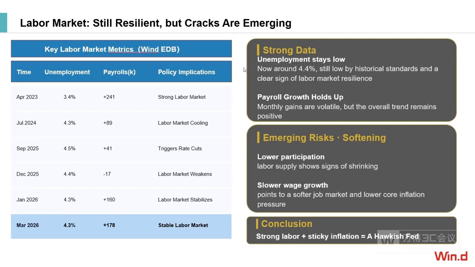Yet this change also carries a double-edged sword effect. It helps alleviate core inflationary pressures, thereby creating room for a potential policy pivot. Taking into account the current fundamentals of the labor market, we can draw a key conclusion. Robust employment plus elevated inflation equals the Fed has grounds to maintain a hawkish stance.